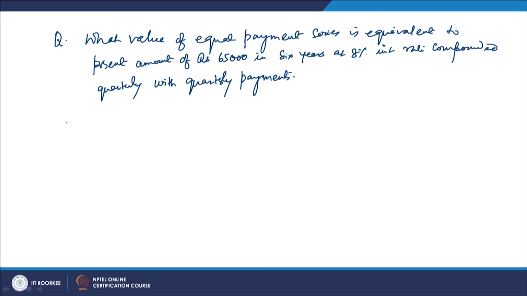So, the given amount is P as 65,000, and n is 6 into 4, because it is quarterly payments, so it will be 24, and I will be 8% by 4, that is 2%, so it will be 0.02, and then you have to find A.